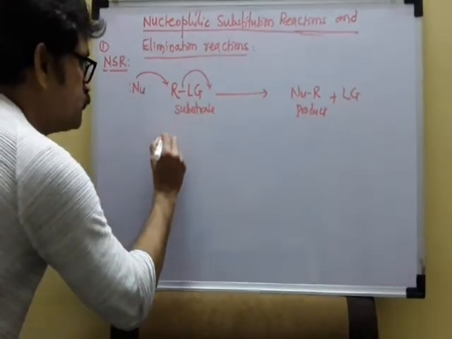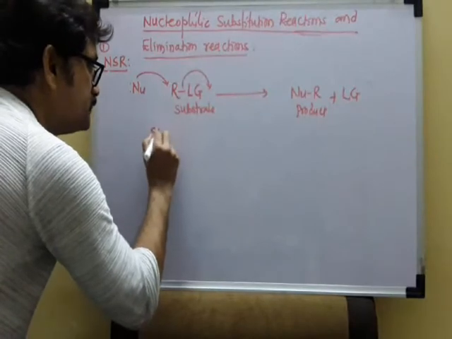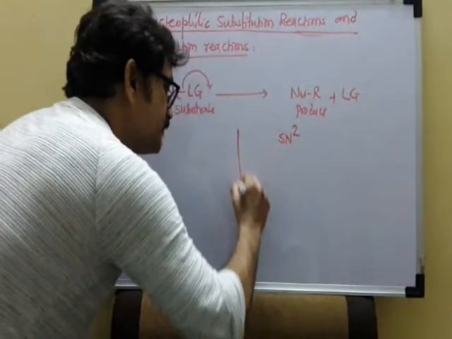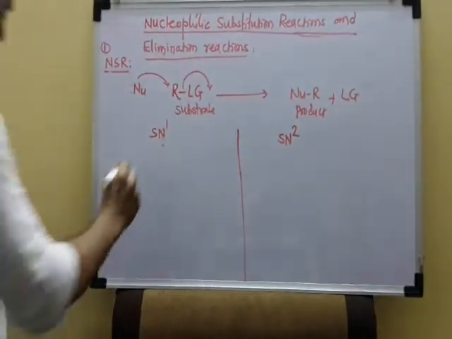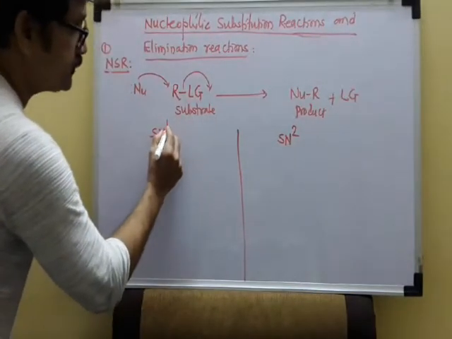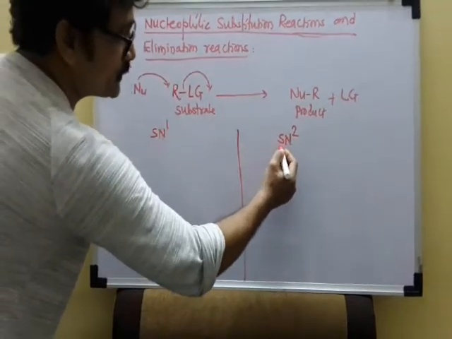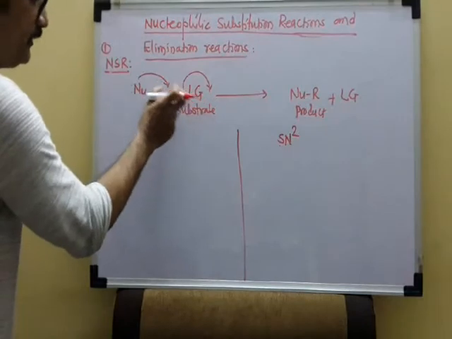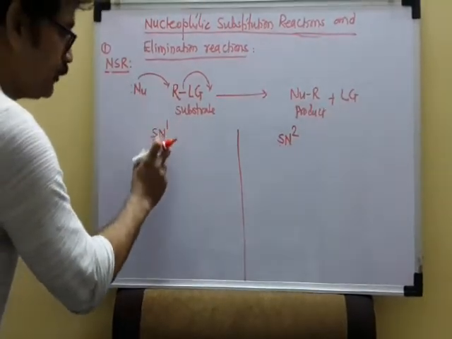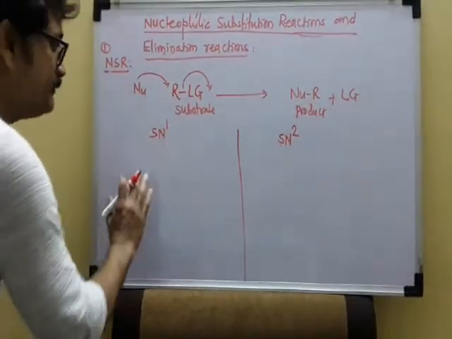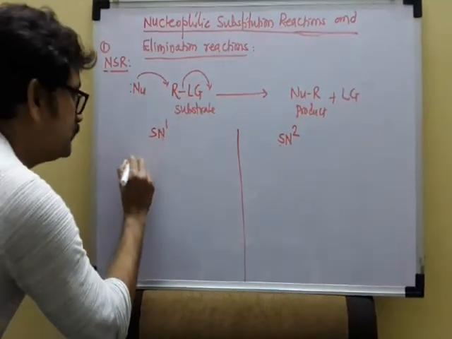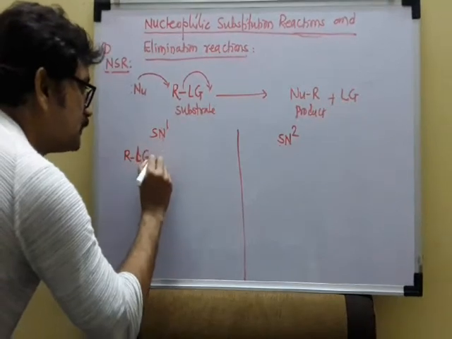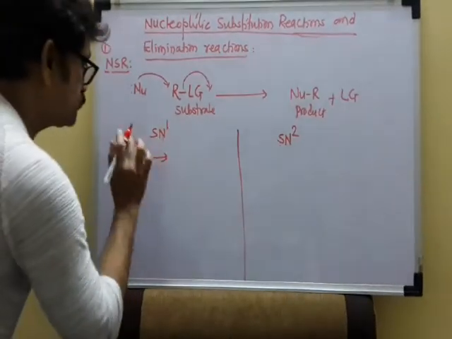There are actually two mechanisms: one is SN1 and another is SN2. I'll revise them very quickly. SN1 means nucleophilic substitution unimolecular, and SN2 means nucleophilic substitution bimolecular. SN1 is a two-step mechanism.